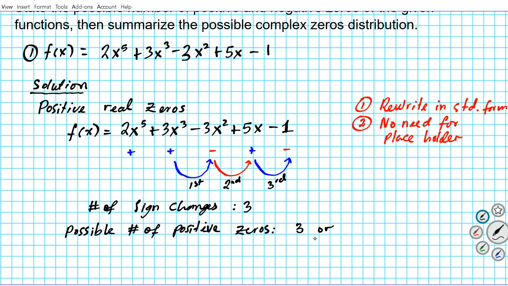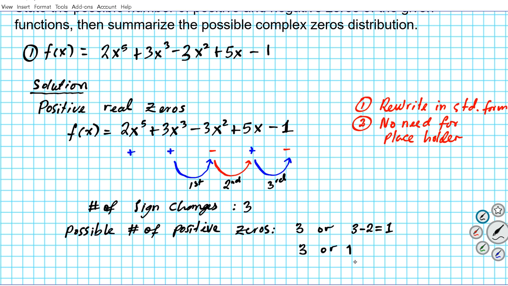So if we count down from 3 by 2's all the way down to 0 or 1, we have 3 minus 2, which is equal to 1, and we can't go any lower because we're going to go negative. All right, so our answers are either 3 positive real zeros or 1.